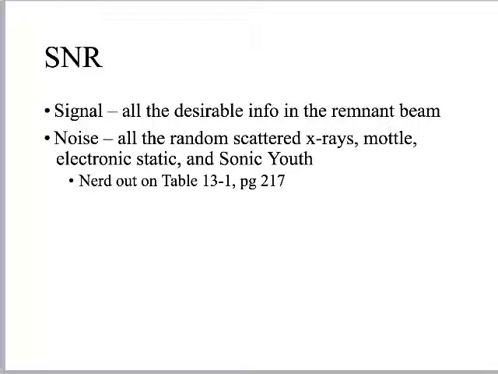If you want to nerd out on this, page 217, table 13.1 has a really great list, and it's not actually exhaustive. I can think of 1 or 2 other forms of noise that are out there, but he lists every possible form of noise that he can think of, from quantum mottle, stuff within the imaging cassettes and the imaging systems themselves, scatter radiation, off-focus radiation, aliasing artifacts that happen during processing, electronic noise, algorithmic computer noise, which, Ms. Wilson, if you're curious where the histogram thing is, it's in that algorithmic noise.